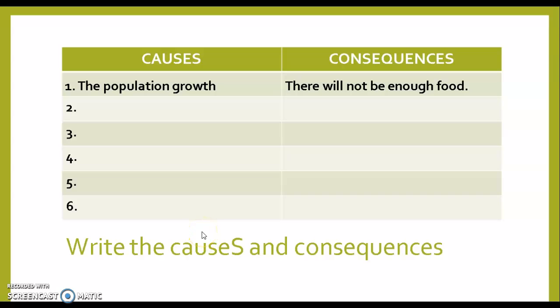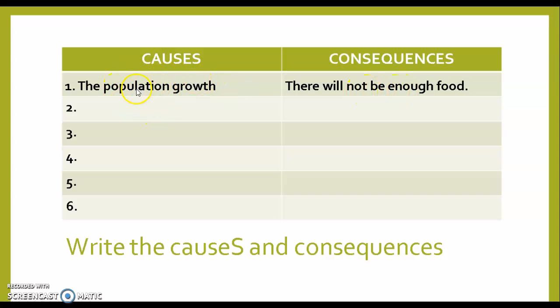Now, when you finish the reading, you have to write the causes of the environmental issues or environmental problems and the consequences. For example, if the population growth continues, there will not be enough food.